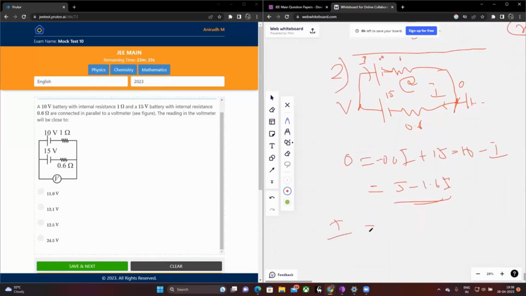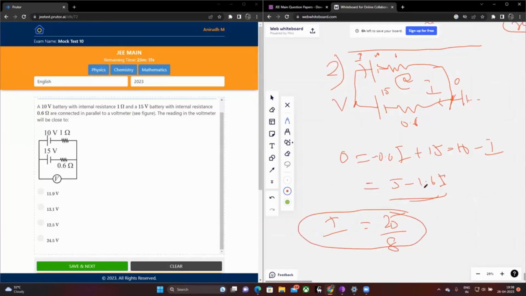Therefore, I is equal to 25 divided by 8. It is basically a division where you take this to be 1.6 I equals 5, so I is 25 by 8.